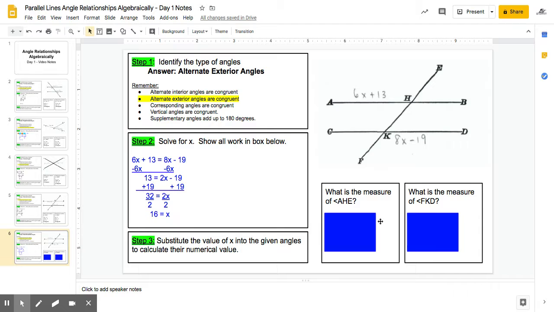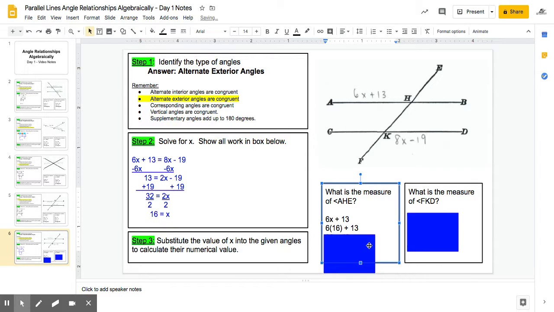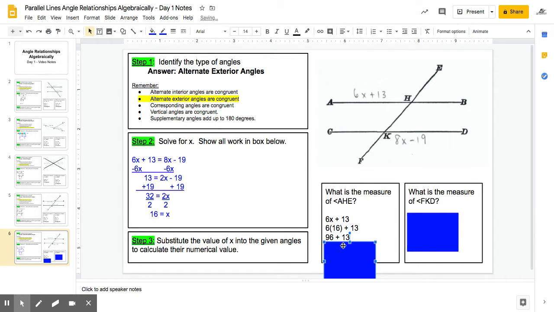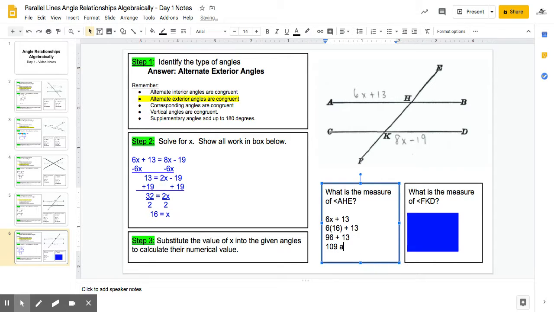Almost done. I'm going to take that 16 and plug it into both of my angle measures in these text boxes. Instead of typing in x, I'm going to type in 16. So 6 times 16 is 96, and 96 plus 13 is 109. So the measure of that first angle is 109 degrees. Now I'm going to do that second angle. We should kind of already see what the angle measure should be since they're alternate exterior angles, but we still need to check just to make sure we didn't make any silly mistakes.